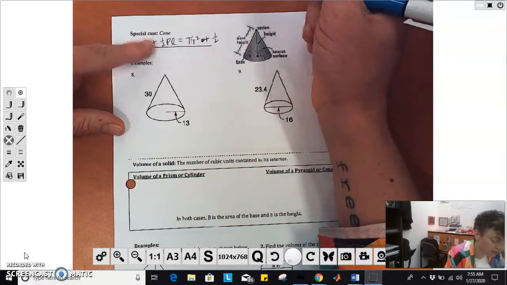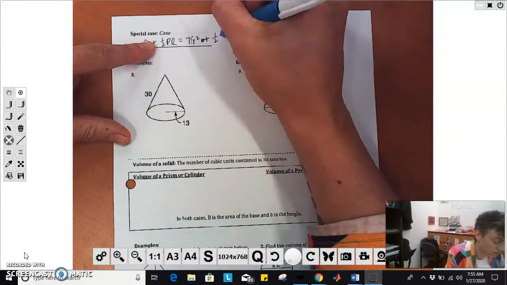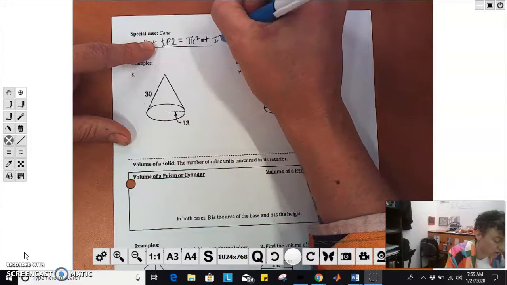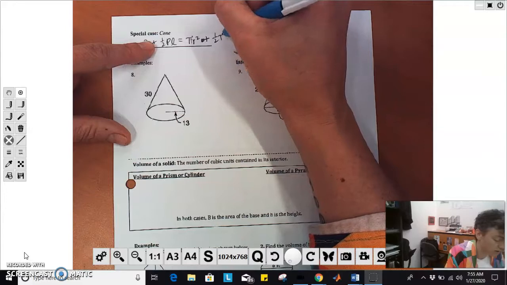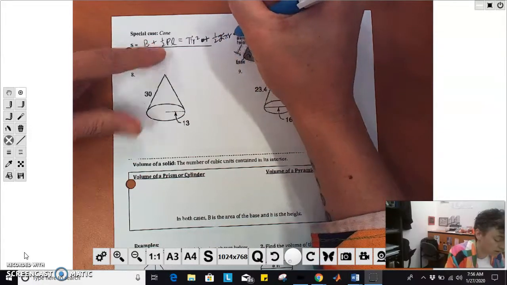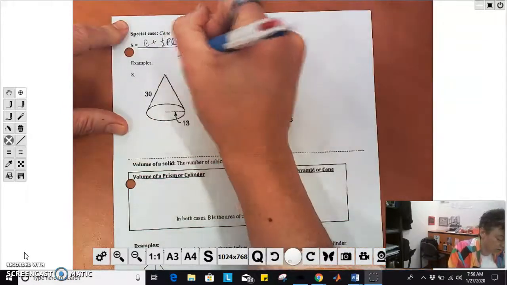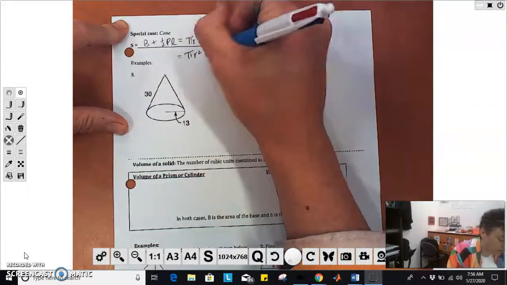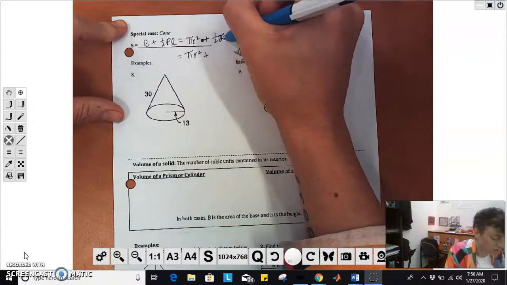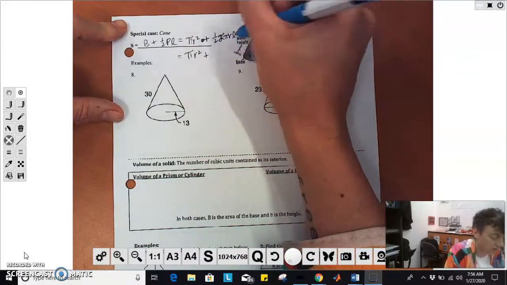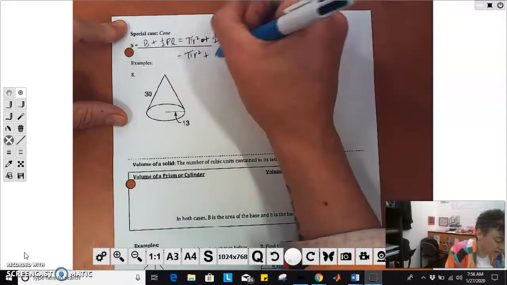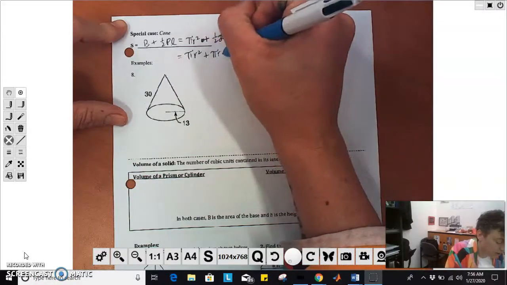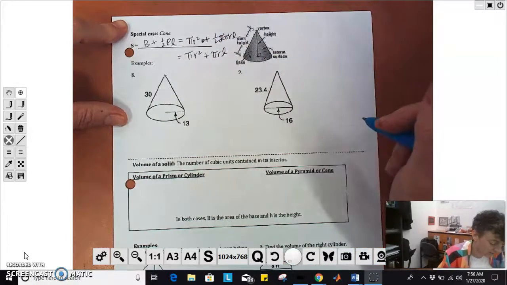The perimeter now is the perimeter of a circle, which is the circumference, which is 2 pi r. I'm just making errors all over the place. L is still the slant height. So let's rewrite this. Pi r squared plus 1/2 times 2 times pi times r times L, the slant height. Well, what's 1/2 times 2? That's just 1. So let's get rid of that. Pi r L is the slant height.